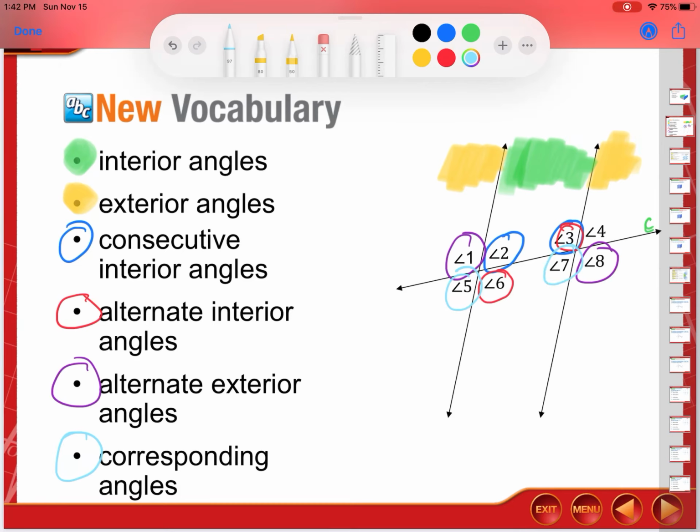So 5 and 7 would be examples of corresponding angles. 6 and 8 would also be corresponding, 2 and 4 would be corresponding, and 1 and 3 would be corresponding, because they hold the same relative position. So above or below the transversal and on the left side for 5 and 7. They're kind of like in that bottom left-hand quadrant.